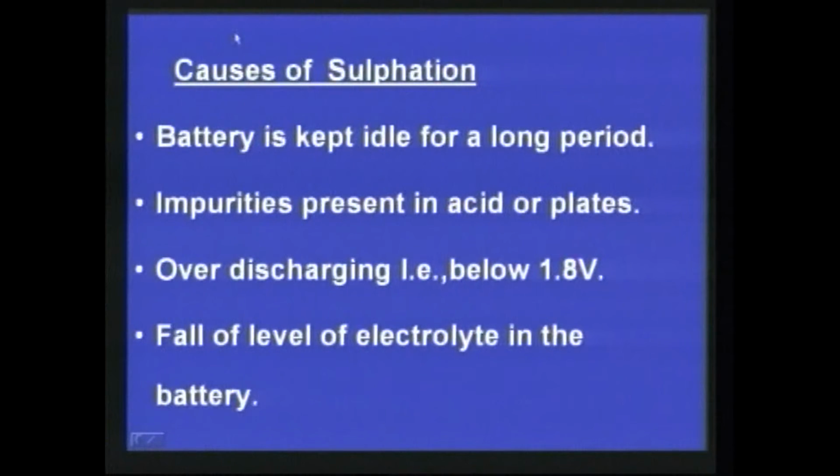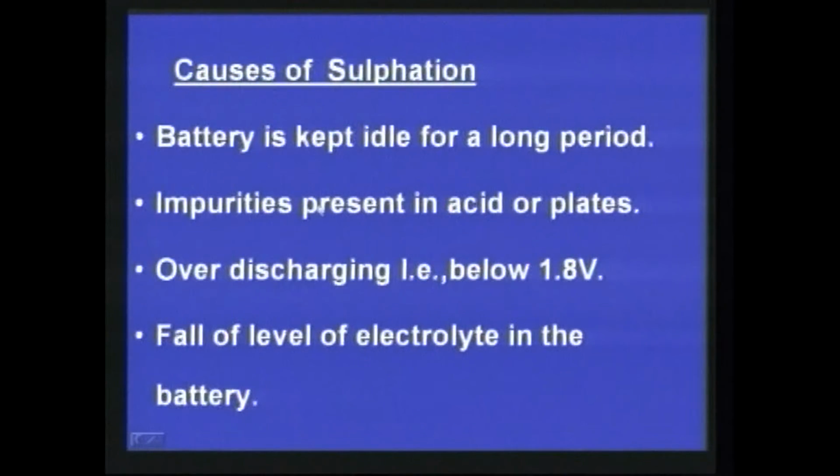Now we will see the causes of sulphation. When the battery is kept idle for a longer period, sulphation is caused. Also, sulphation is caused when impurities are present in acid or plates.